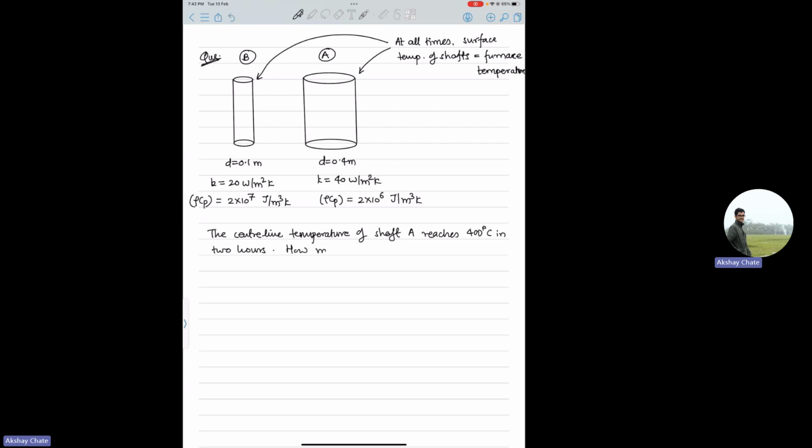How much time will be required for the center line temperature of shaft B to attain 400 degrees Celsius? Neglect axial conduction.